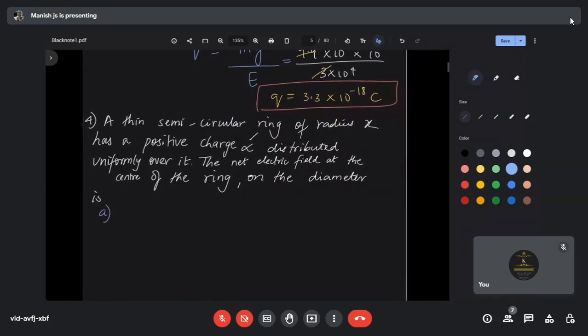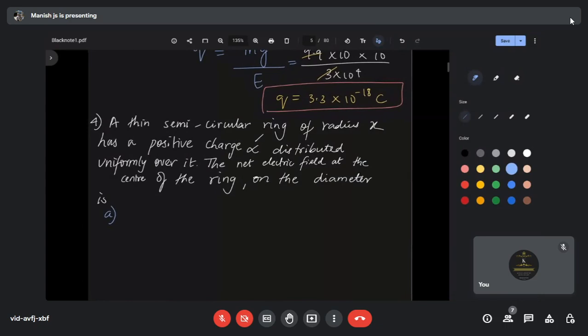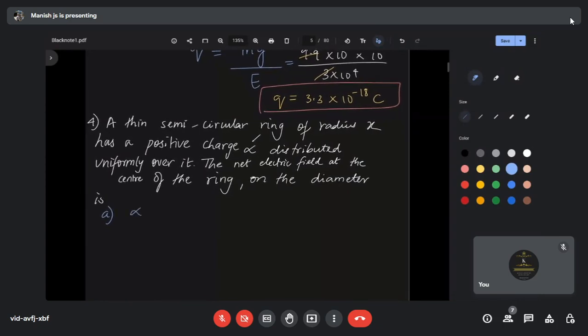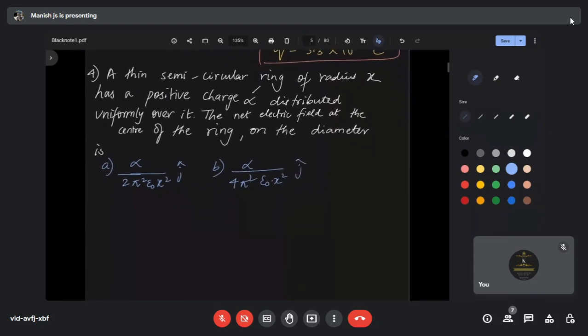Option A, alpha upon 2 pi square epsilon naught x square j cap. B, alpha divided by 4 pi square epsilon naught into x square j cap.